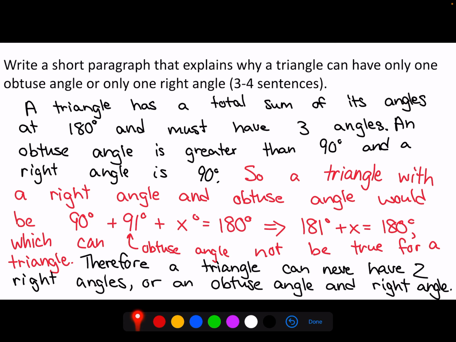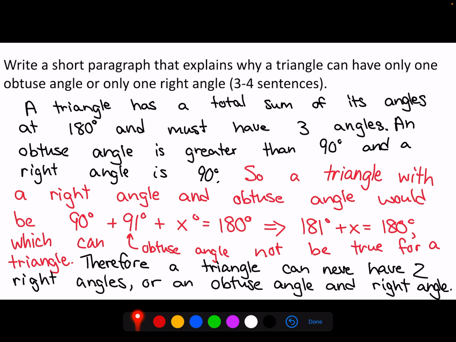So if I take a right angle and an obtuse angle, and I take the smallest obtuse angle possible, 91 degrees, and add them together, I have 90, the right angle, plus 91 degrees, the obtuse angle, plus our third angle, because again we need three angles, equal to 180 degrees.